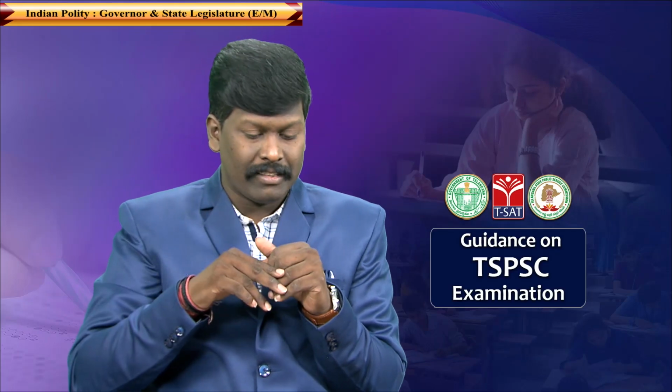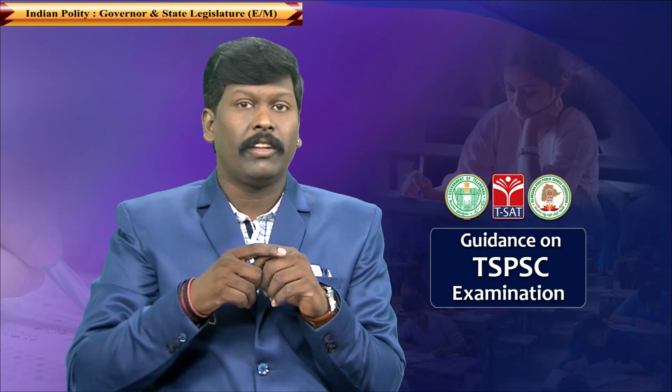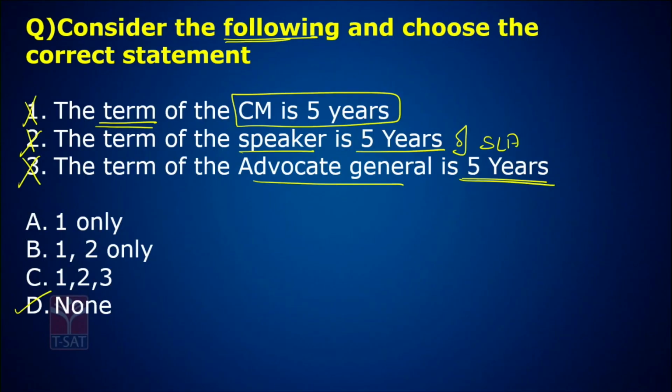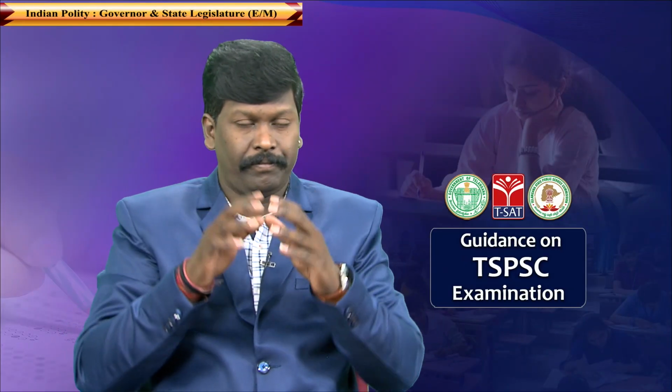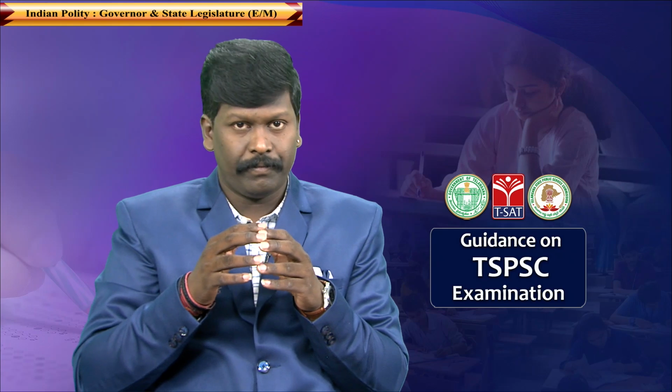Now look at the second statement. The term of the speaker is 5 years. Now, the term of the speaker is till a day before the first meeting of the newly formed state legislative assembly. I am repeating this.